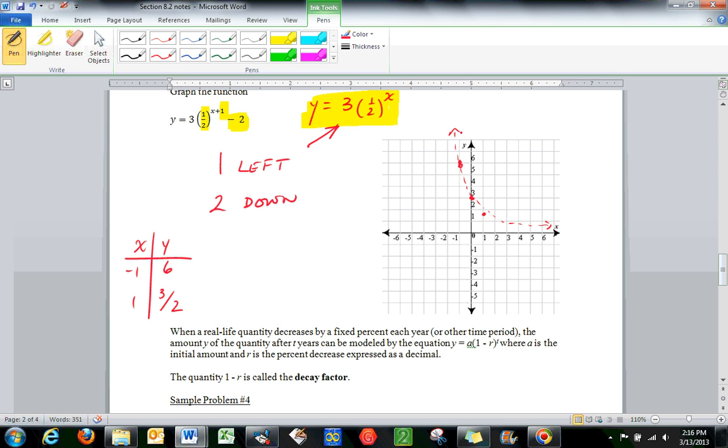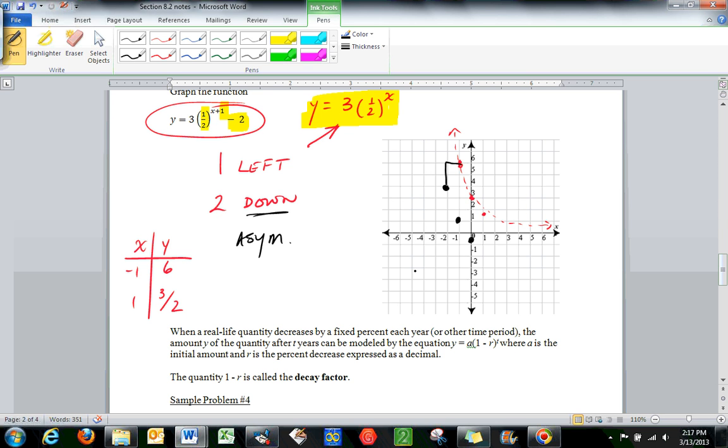What I'm trying to do is graph the whole thing. So based off this first base graph, what I need to do is shift every single point that I have 1 to the left and down 2. So I'm going to take this one to the left and down 2, and I'm going to get a new point. I'm going to go 1 to the left and down 2 and get a new point, and again 1 to the left and down 2 and get a new point. Now it's very important also that we shift our asymptote down 2.